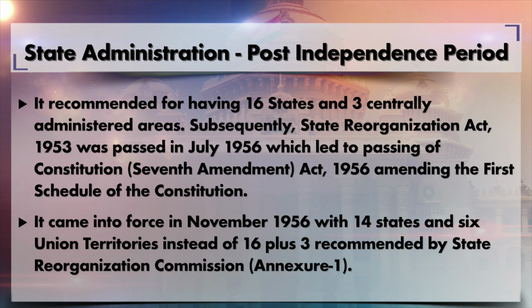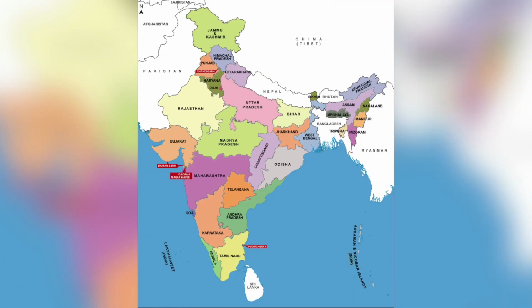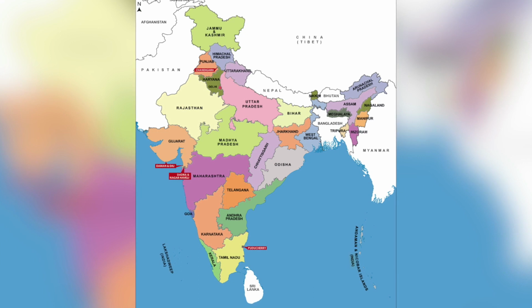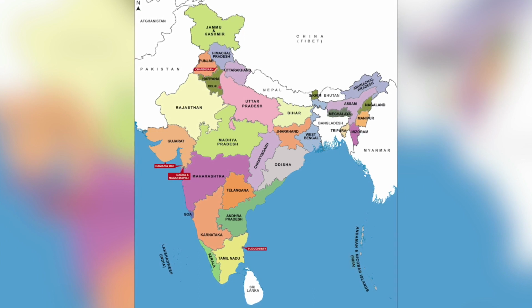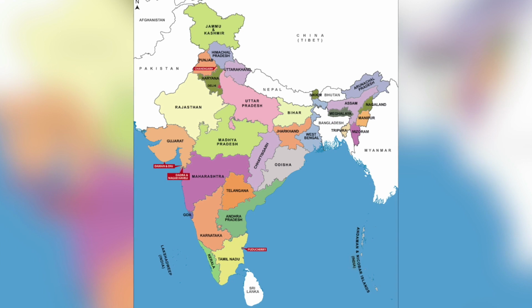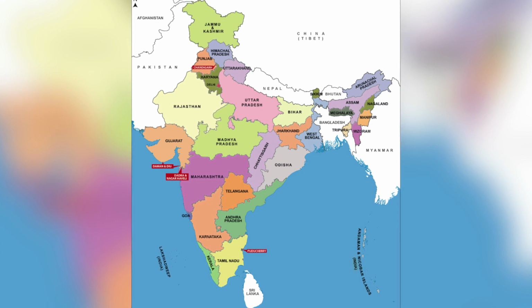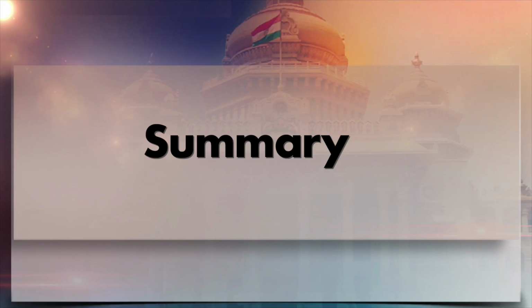The amendment created 14 states and 6 union territories instead of 16 states and 3 centrally administered areas as recommended by the State Reorganization Commission report. Thereafter, the annexation of Goa, Daman and Diu in 1961 led to another constitutional amendment, the 12th Constitutional Amendment Act in 1962, and the process continued to set up 29 states in the country.